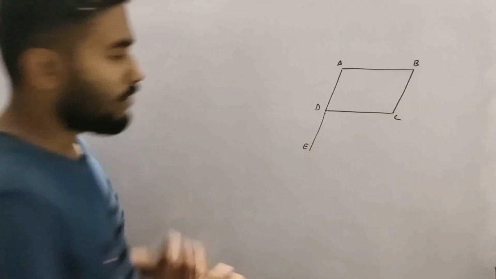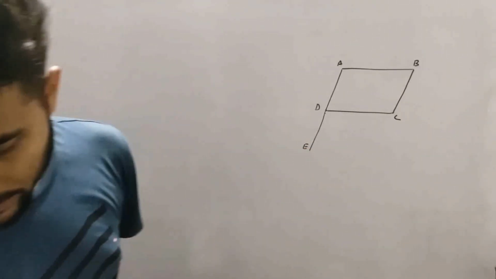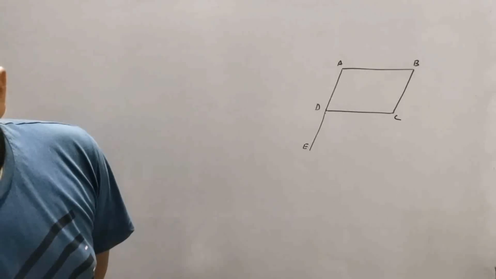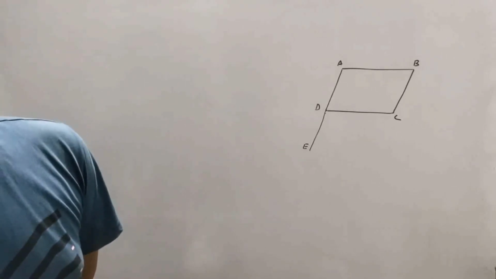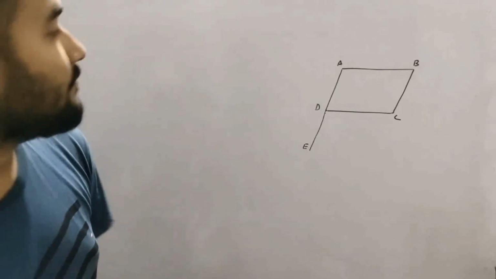So E is a point on the side AD produced of a parallelogram ABCD, and BE intersects CD.